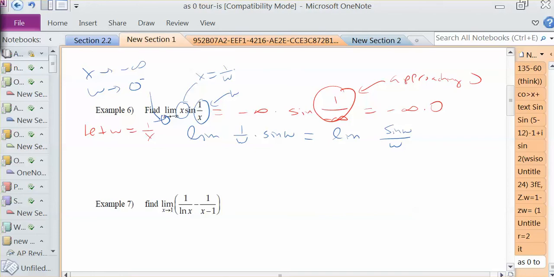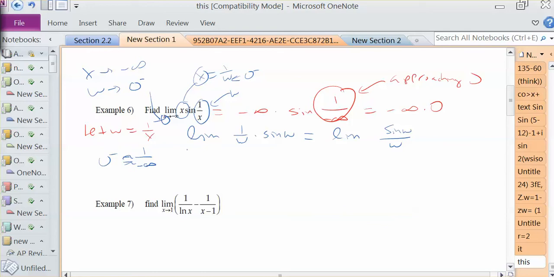Mainly because you would need w to be getting close to 0 if you want x to be going towards negative infinity. And, of course, you want w approaching 0 from the left. If you think about it again, 1 over negative infinity is basically close to 0 from the left. So my apologies I didn't switch that.